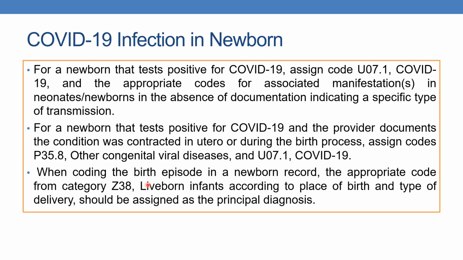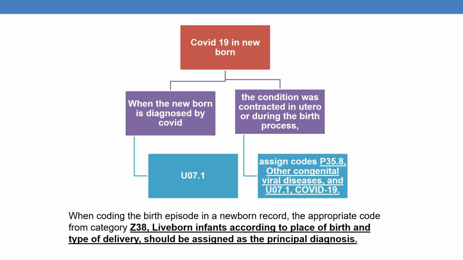And when coding the birth episode in the newborn record, appropriate code from category Z38. This point we all know. Whenever coding the birth episode in the newborn record, appropriate code from the category Z38 should be assigned as PDX. Now there are two scenarios for COVID in newborn. When the newborn is diagnosed with COVID, then you can simply assign U07.1, that is the COVID code.